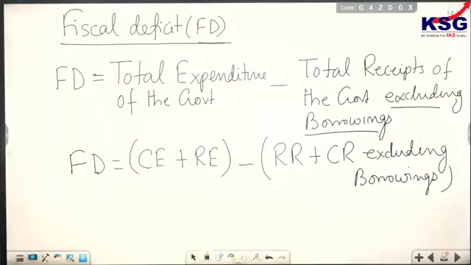And over the given fiscal year, full stop, right? It represents the net additions to the level of public debt during a given fiscal year.